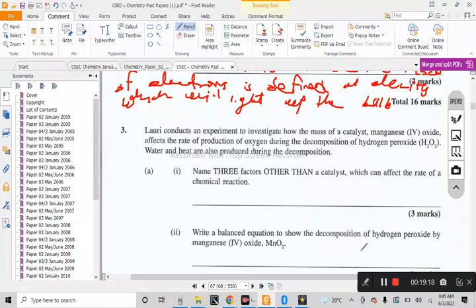A catalyst only allows the reaction to proceed by a pathway that is more energy efficient, needing a lower activation energy, the energy required to make a reaction occur. So yeah, faster.